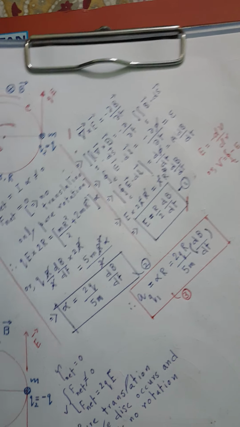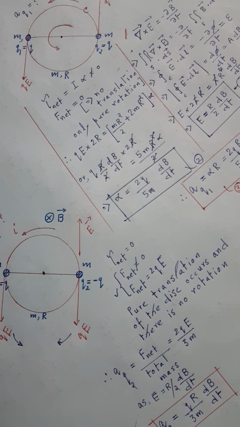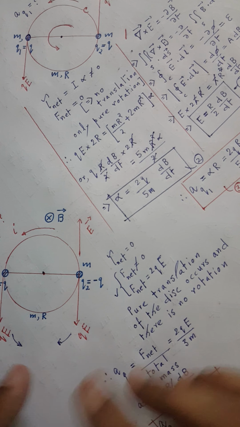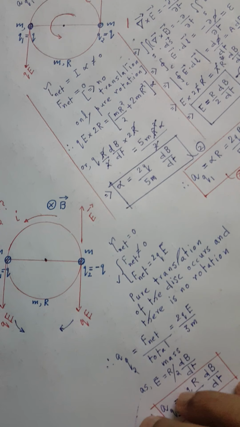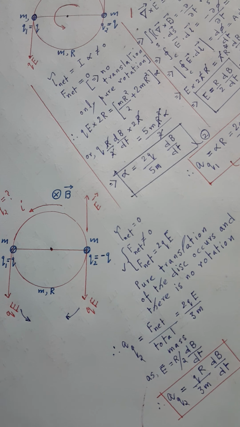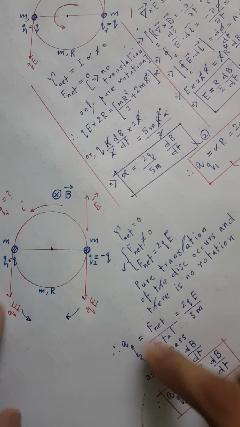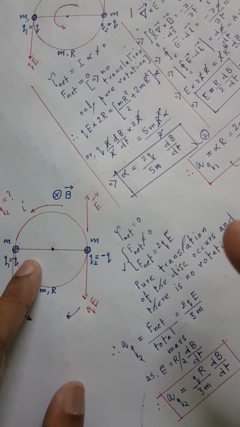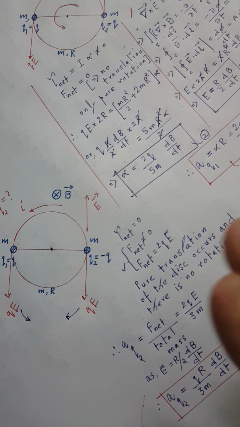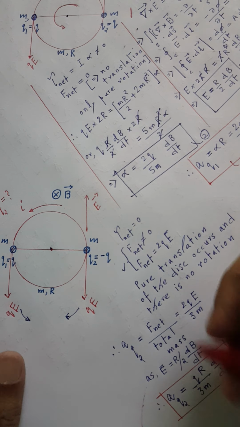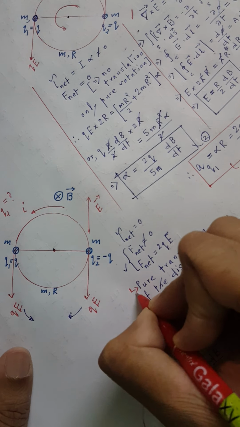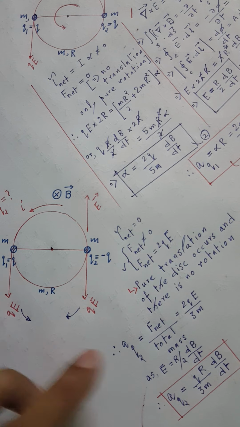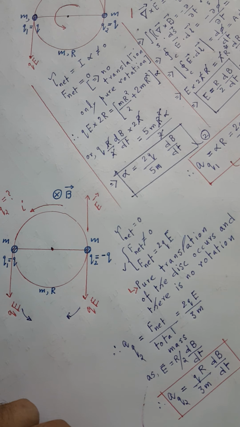Similarly, in this particular case, the electric field is always tangential to the path at any point, so the force is QE. The net force is 2QE, but the net torque is 0. So there is only net force, because of which pure translation of the disk takes place, with no rotation. In this way you get the acceleration of Q2.